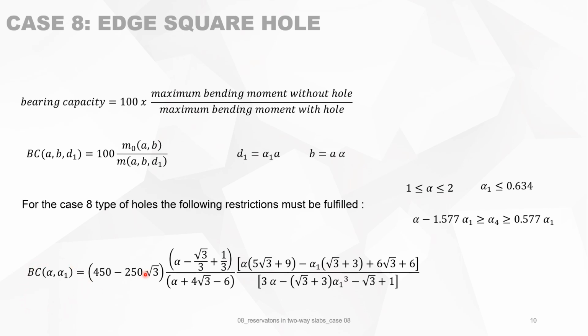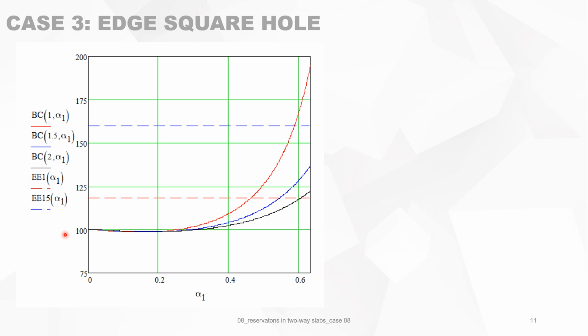Then, with those dimensionless units, we can rewrite the bearing capacity of the slab, and you arrive at this formula. We can put it in a graph, and you see on the x-axis alpha 1, which is the size of the reservation. On the y-axis is the bearing capacity.